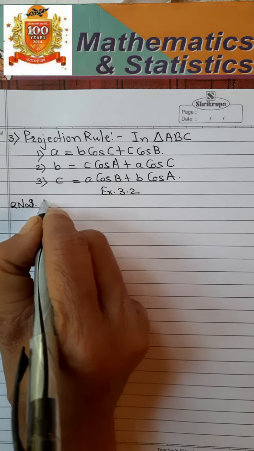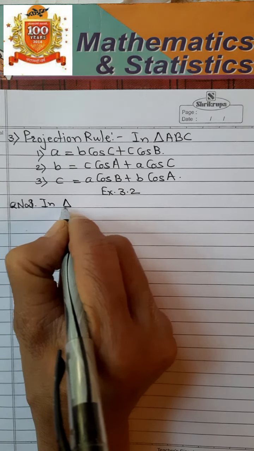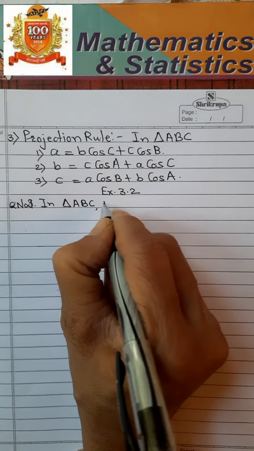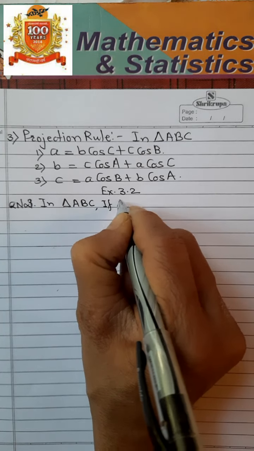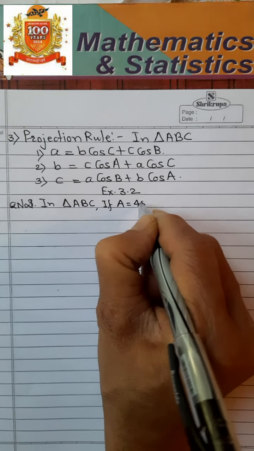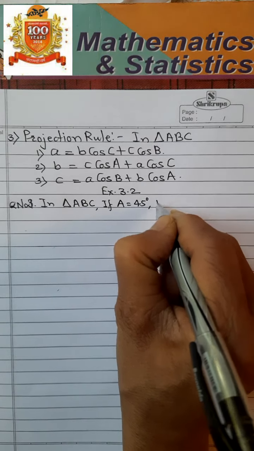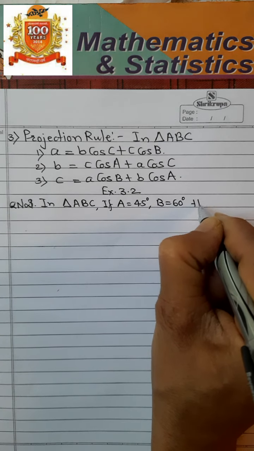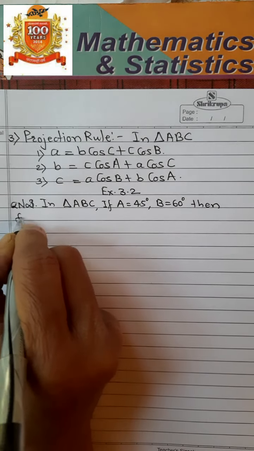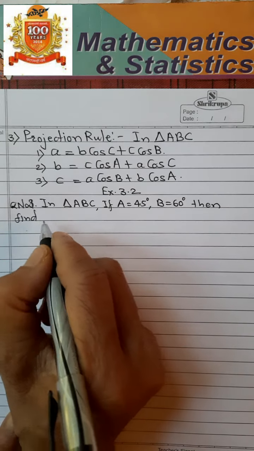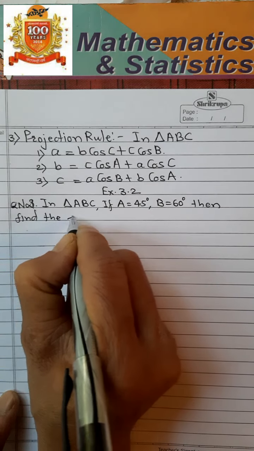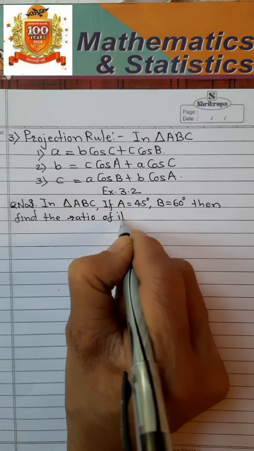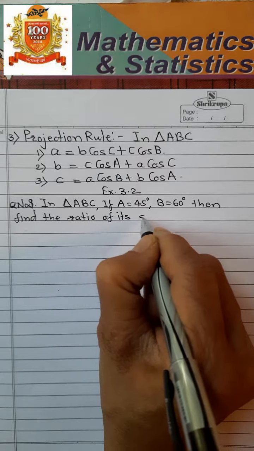Question is like this. In triangle ABC, if angle A is equal to 45 degree, angle B is equal to 60 degree, then find the ratio of its sides.